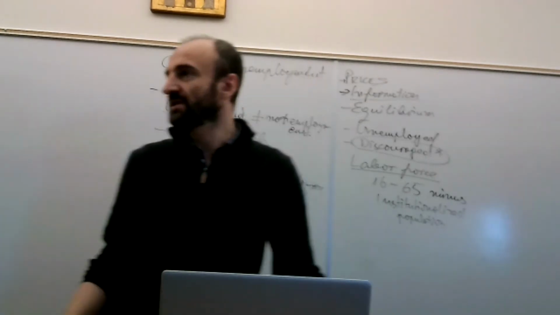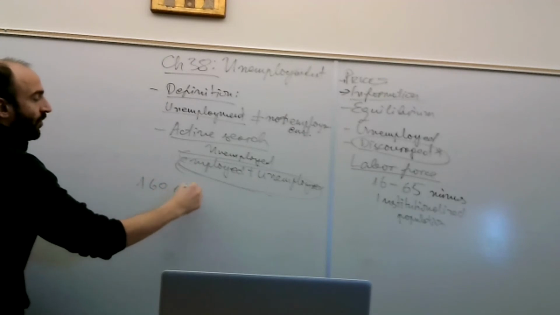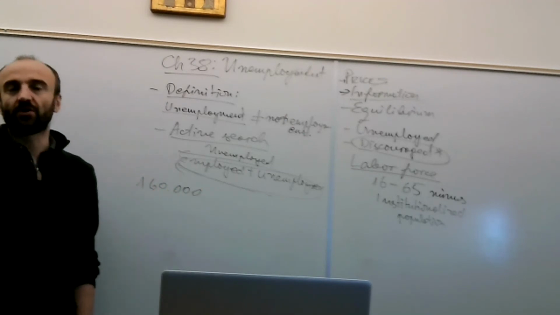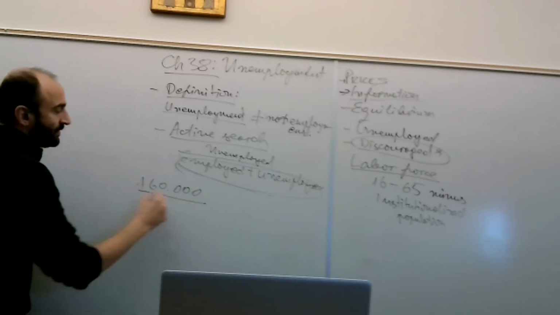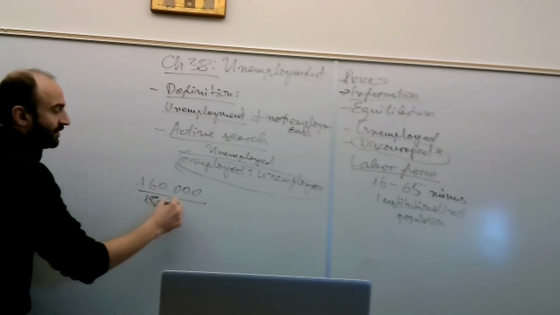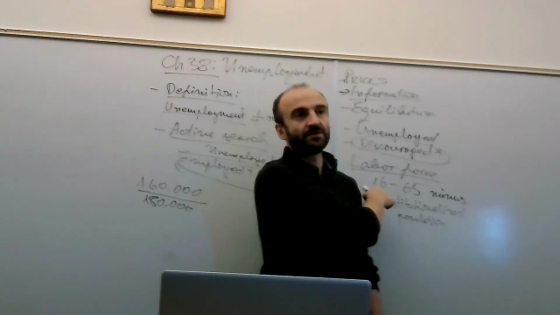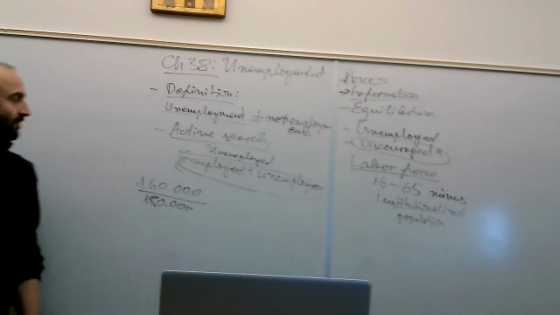That means, let's say you have 160,000 people who are either employed or looking for a job, and you have 180,000 people in this age bracket between 16 and 65 minus institutionalized persons. Then your labor market participation rate would be something like 90%.